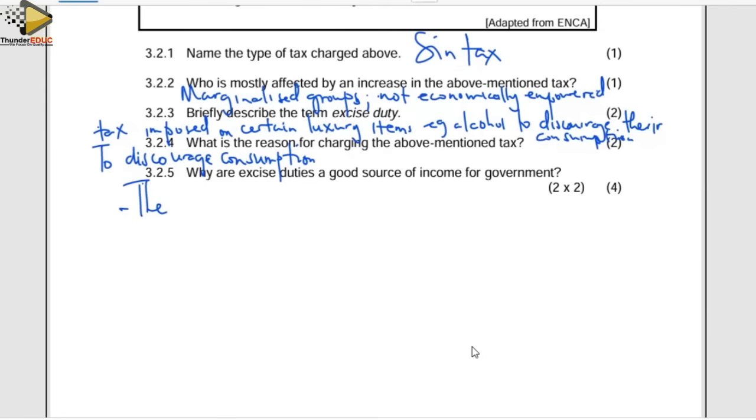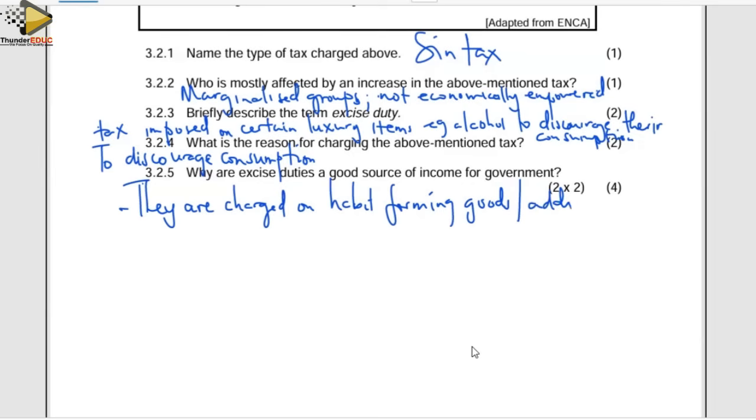They are habit forming, they are charged on habit-forming goods, or we can say goods that have addiction. And hence, the consumers cannot do without them. Consumers will sacrifice to purchase them.